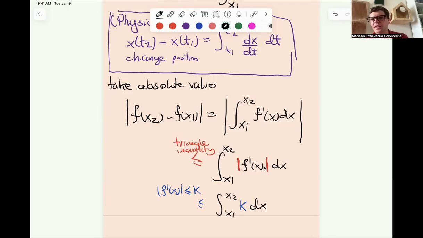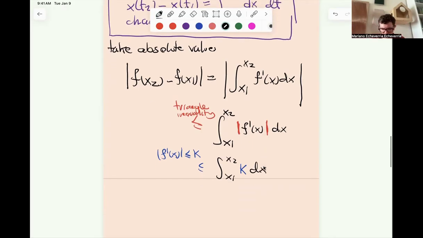But that is just integrating a constant, right? The integral of a constant is k times x2 minus x1. I'm assuming that x2 is bigger than x1, but I'll put it in absolute value, just so that it looks exactly the same as how I wrote it in the statement. Okay. So if you put everything together, that tells you that f is a contraction on this interval.